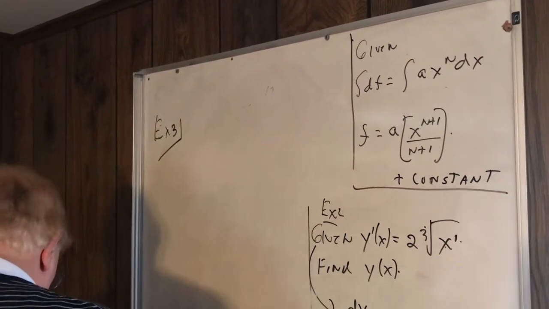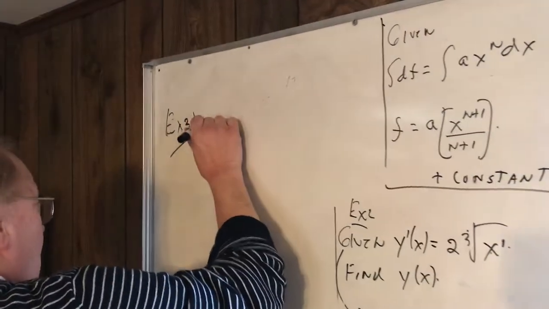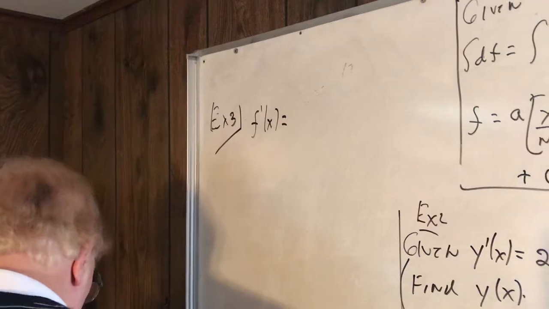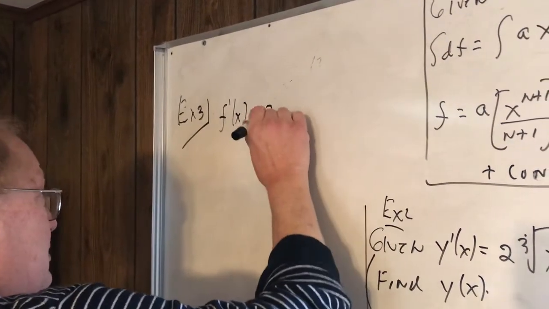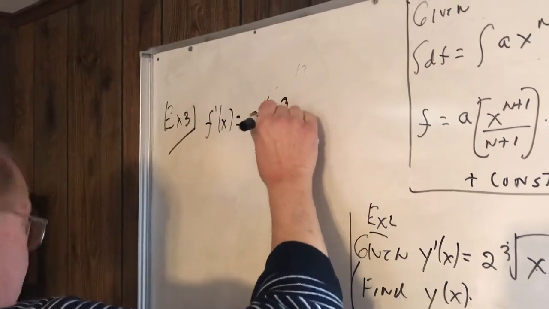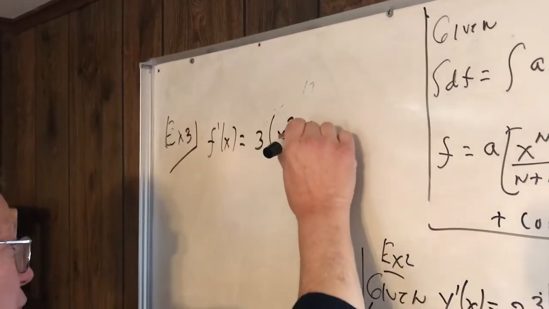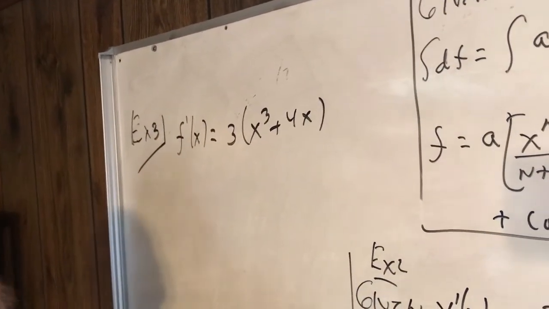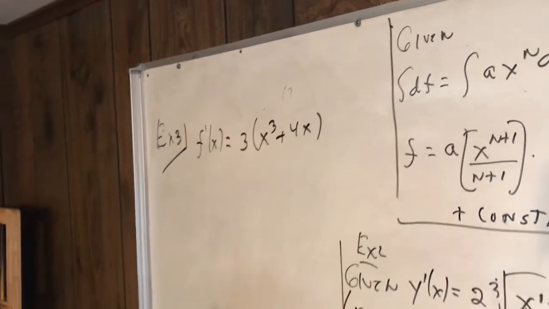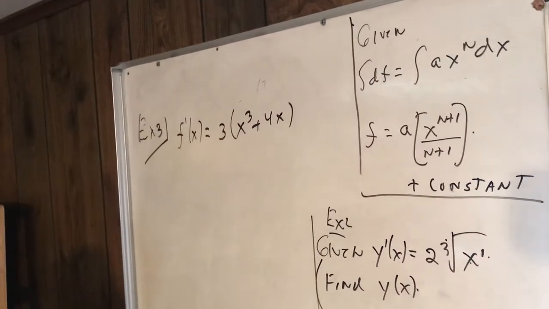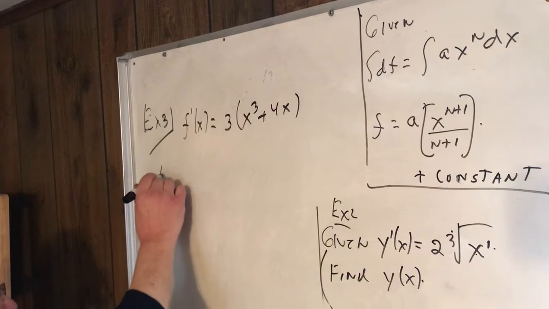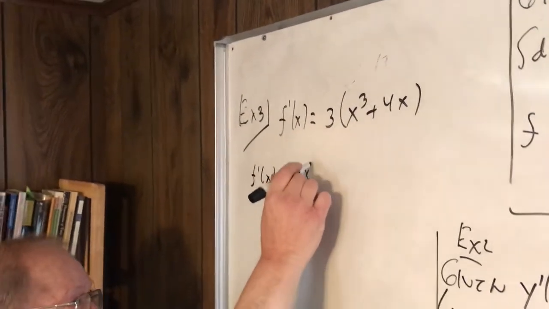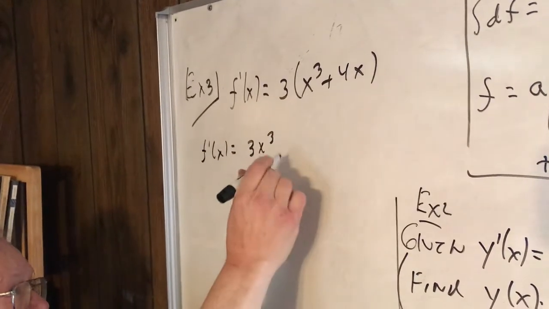And here I have the y prime, or we can make this f prime of x if we want, equals 3 times x cubed plus 4x. Well, what I might want to do is expand this first. So I get 3x cubed, distribute the 3.